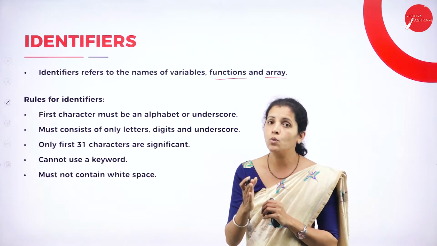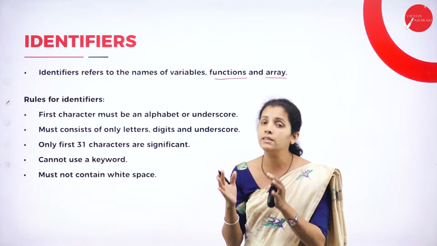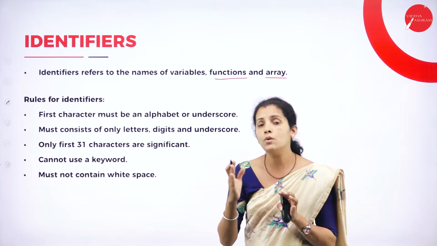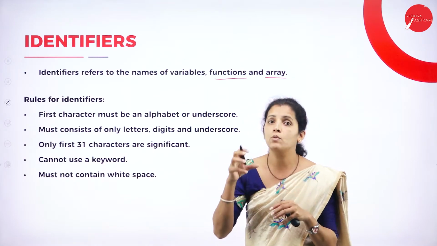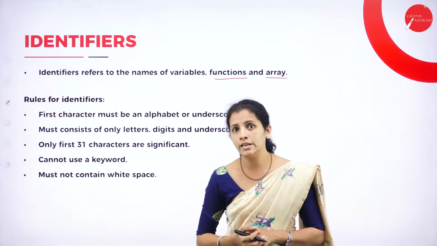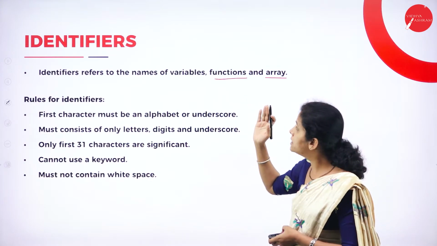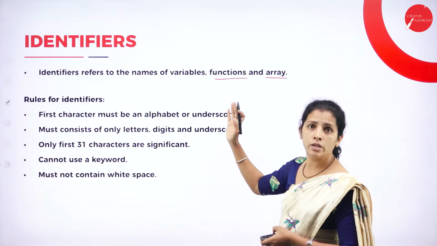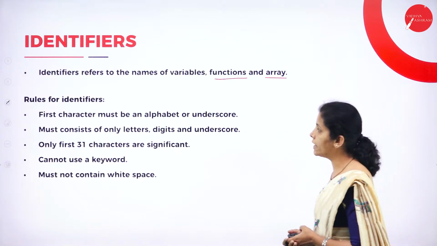By the name. So what is my name? That is Revati. So what is the identifier here? That is my name. Another way you can consider is which subject I handle, and based on that you can identify me. So what is the identifier here? That is nothing but the name given to the variable or functions as well as arrays.